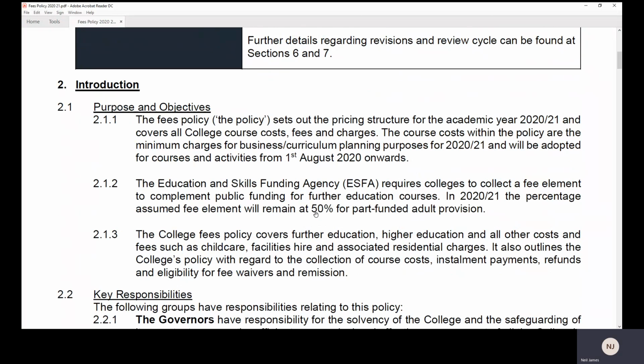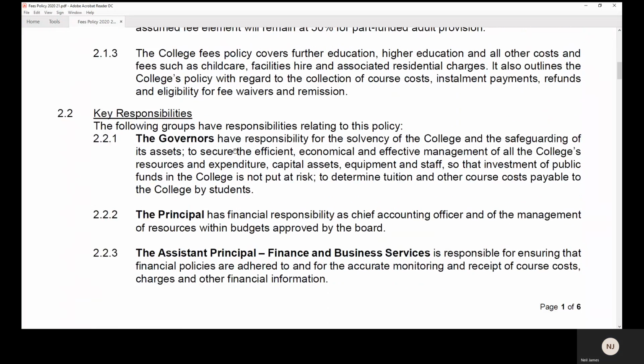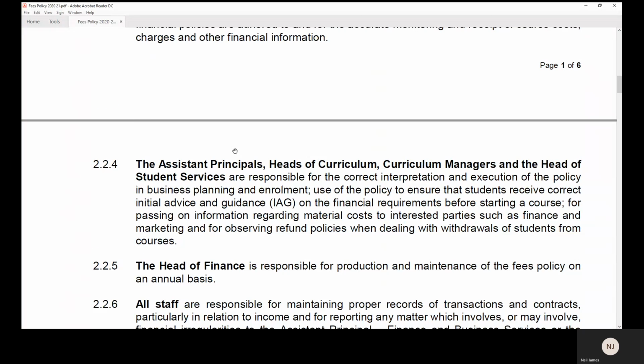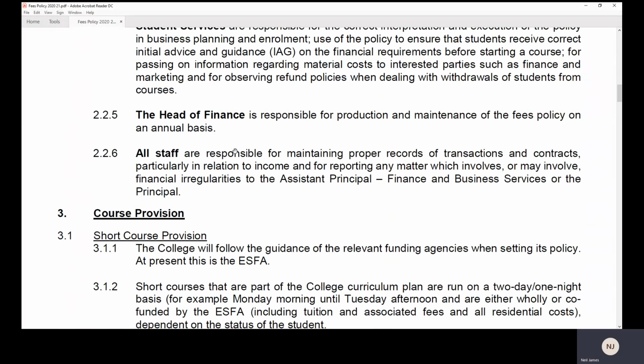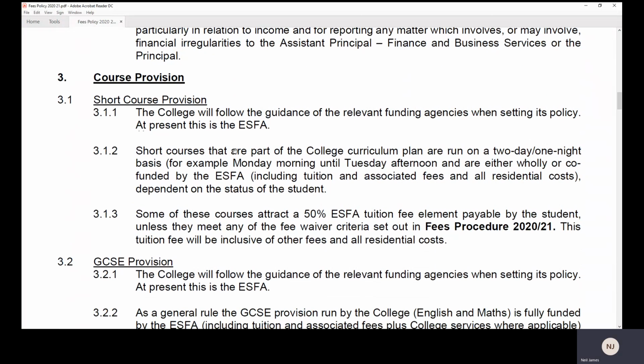The introduction section sets out who is responsible for what in terms of fees and also what is covered in the policy. We then move on to the course provision section, section 3.